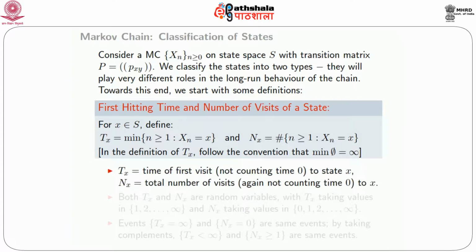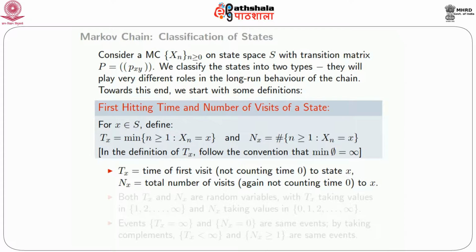Okay, so from the definition it should be clear that T sub x represents the time of first visit. I emphasize that it's not counting time 0, because all times are greater than or equal to 1. So it's the time of first visit to state x, not counting time 0, and N_x is the total number of visits, again not counting time 0, to the state x.